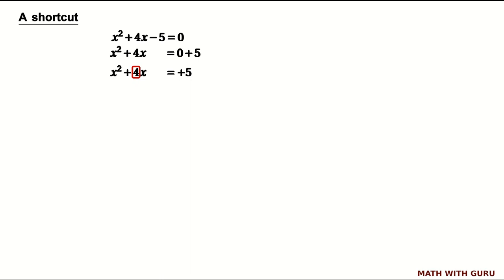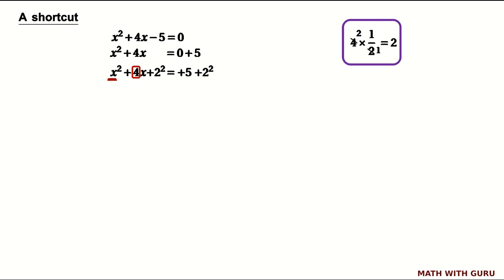Even if it is minus 4x, we take only 4. Now find half of 4. 4 into 1 over 2. 2 ones are 2, 2 twos are 4, equals 2. Add 2 squared to both the sides of the equation.